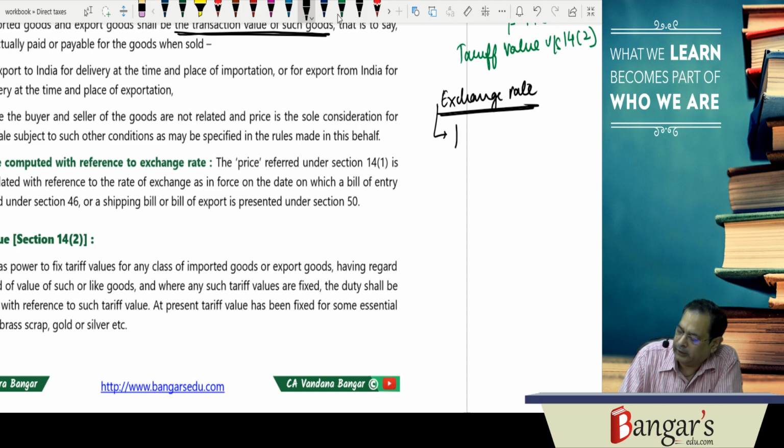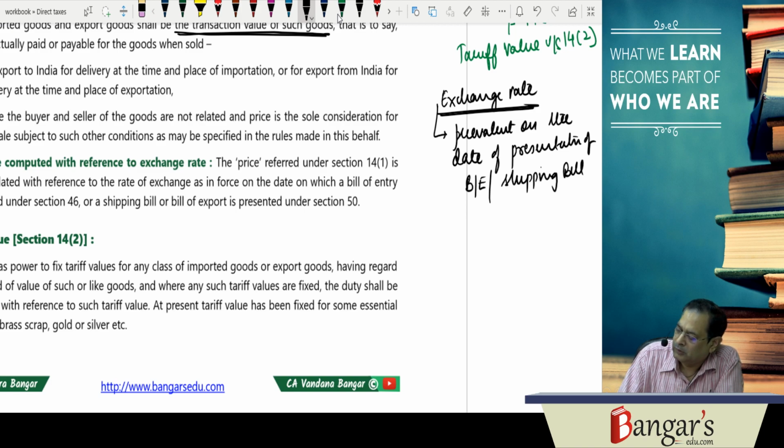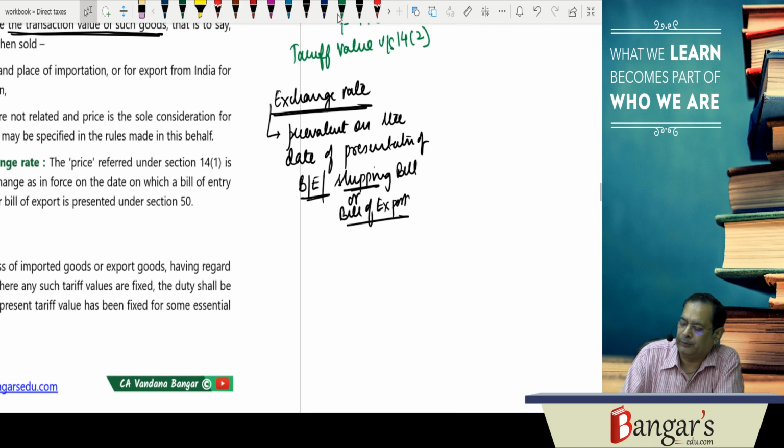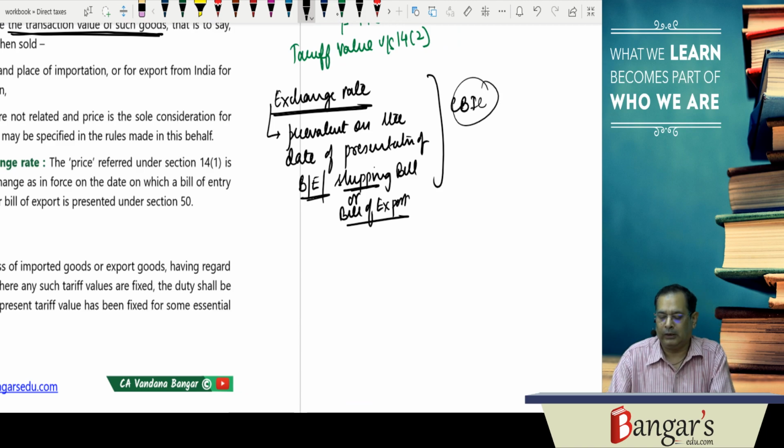So the exchange rate prevalent on the date of presentation of bill of entry, or shipping bill, or bill of export is to be taken, and the rate, as we already discussed, is the rate pronounced by the CBIC.